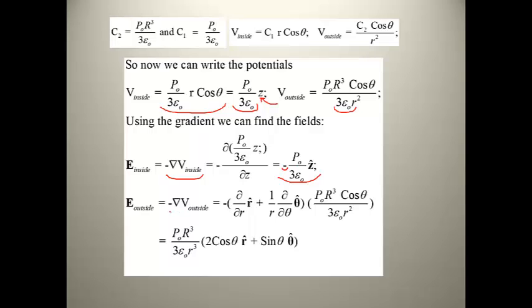E outside is a little more complicated because we take the V outside and take the gradient of that. So here's the gradient that we have to have, and it's two terms because we have a potential which has both R and theta dependence.